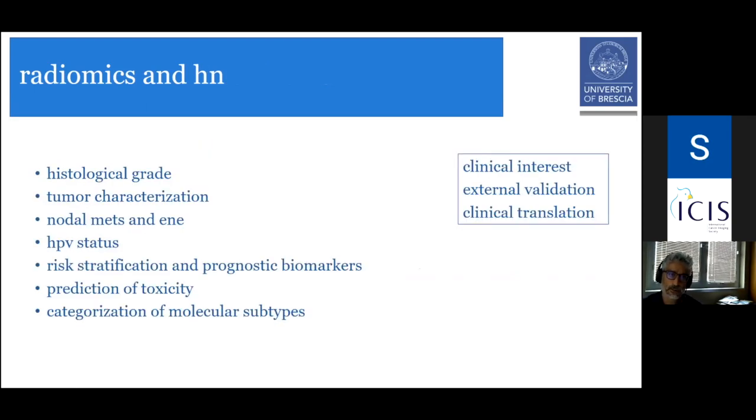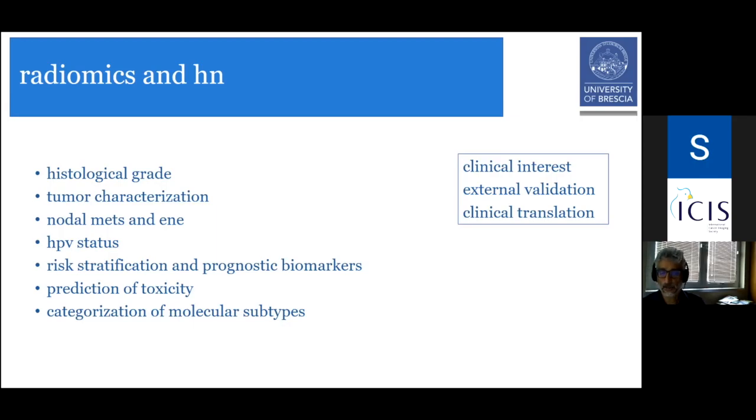How all this applies to head and neck. There is an explosion of literature papers on radiomics and head and neck, and this slide summarizes all the issues that have been studied with radiomics, from histological grade down to the categorization of molecular subtypes.